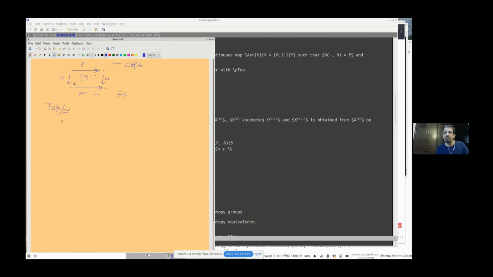Yeah, in the homotopy category, it will be unique. So it makes a prefactorization system. Prefactorization system in the homotopy category. Yeah, actually, I'm not familiar with this terminology, prefactorization system, but yeah.